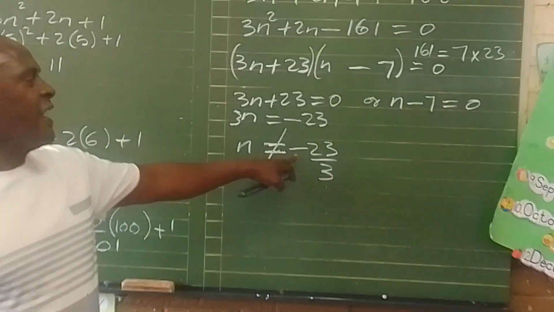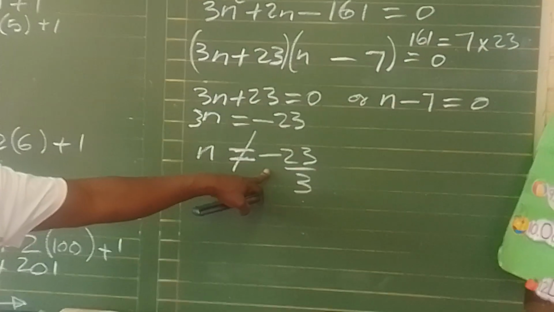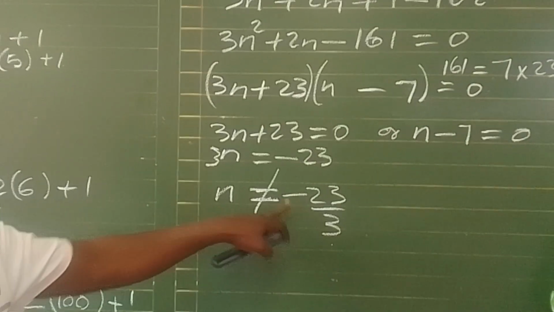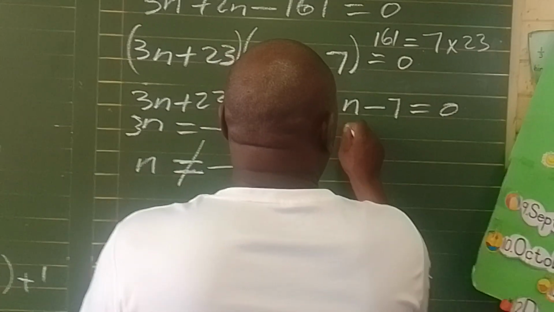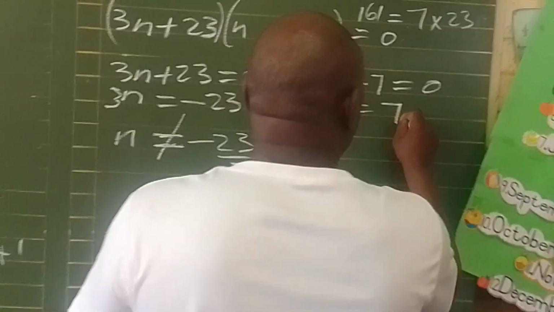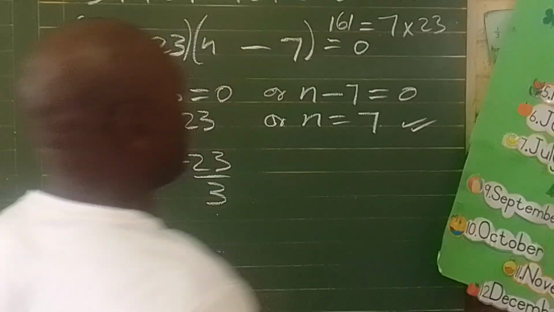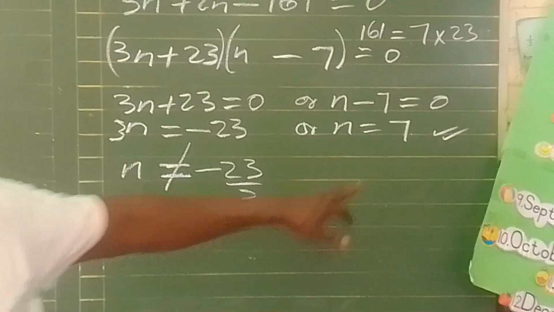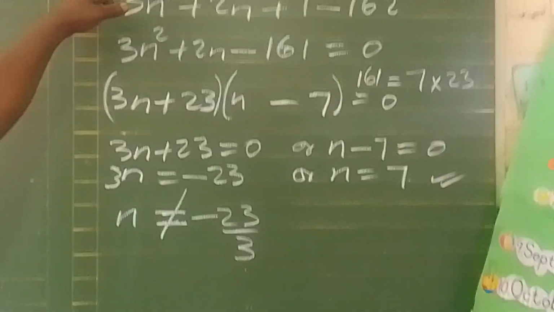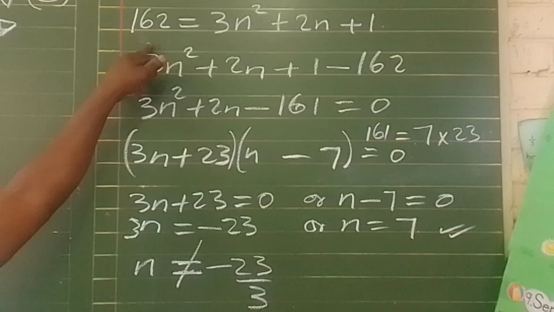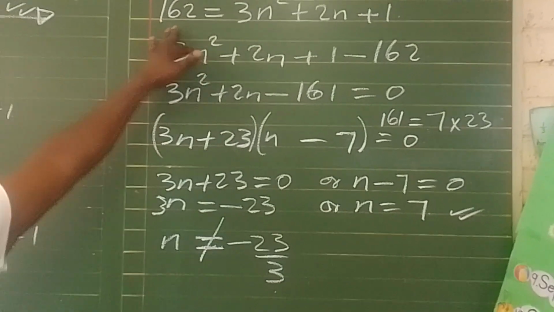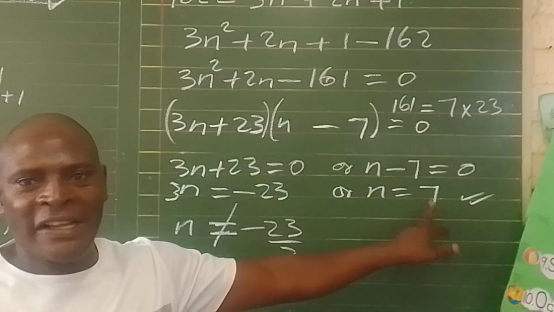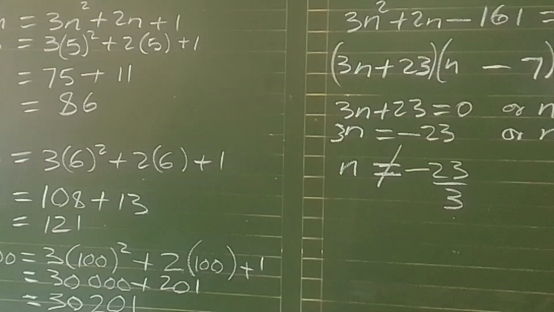You cannot have a negative term number. All the numbers must be positive. Or n is equal to 7. So this one is correct. So at n equal to 7, we are going to have 162. That term is going to be 162 at term number 7 from the given sequence.